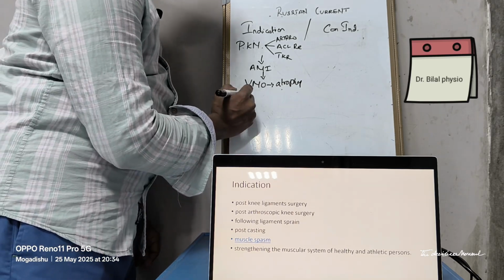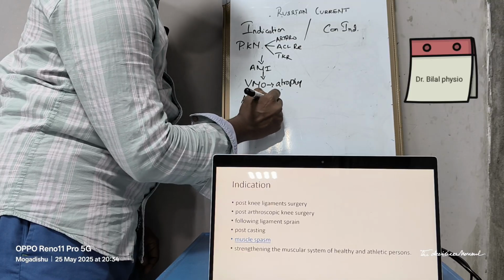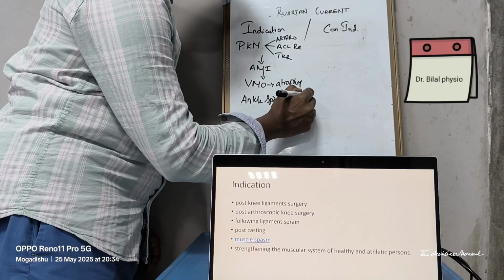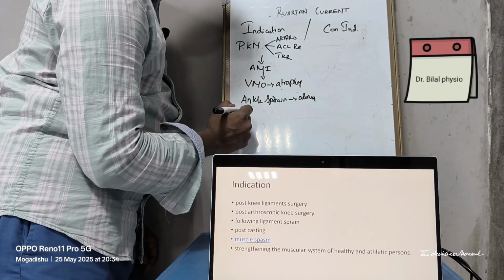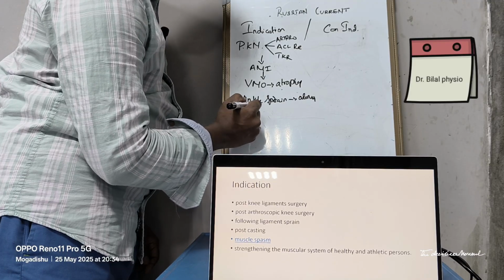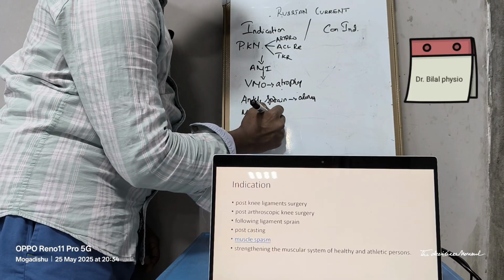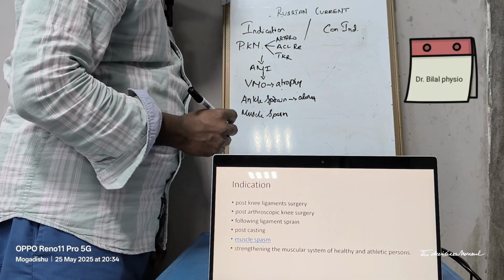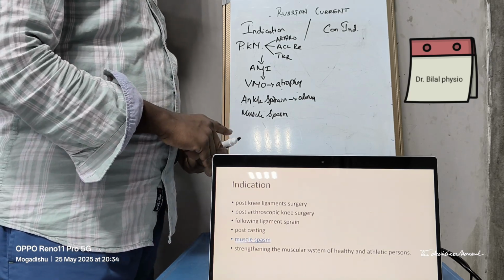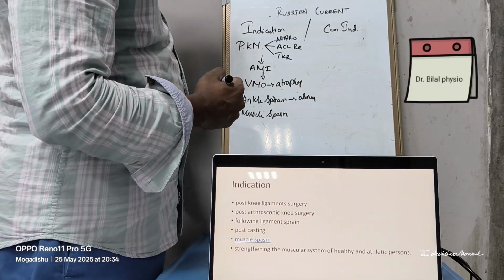Other post-surgical conditions like ankle sprain, which may cause edema, where we use the edema protocol, which we are also going to discuss now, and other conditions like muscle spasm, as it causes the muscle to contract. This may increase the blood circulation, promote healing and reduce the spasm.